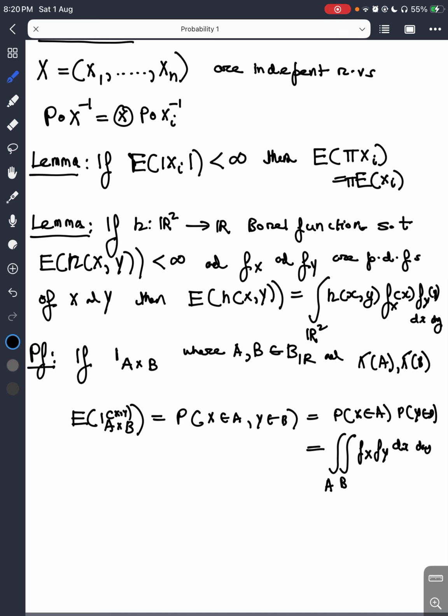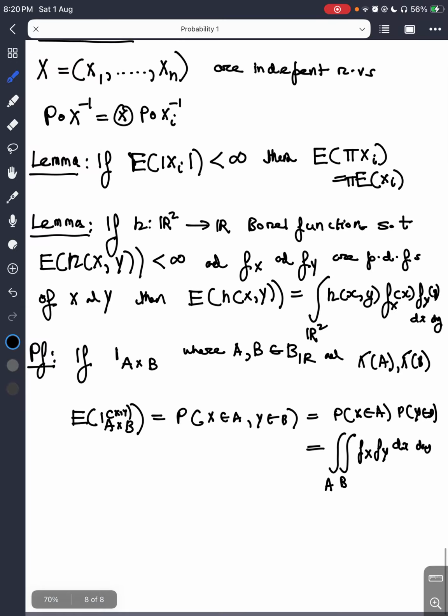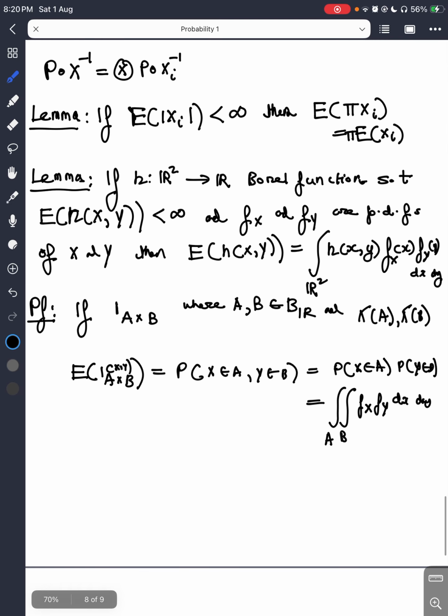So we did it for the indicator functions. We can extend it to simple functions first by linearity, then by the monotone convergence theorem we can extend it to non-negative random variables, and from there, taking positive and negative parts, this lemma is proved. And applying this to the function product of the Xi, the initial lemma is proved, provided we check that the expectation of the product of Xi is finite if and only if the individual Xi's expectations are finite.